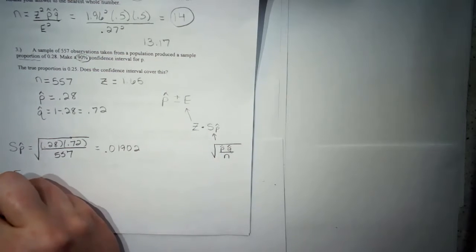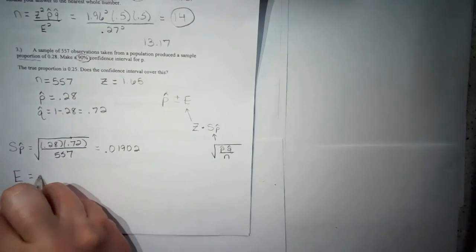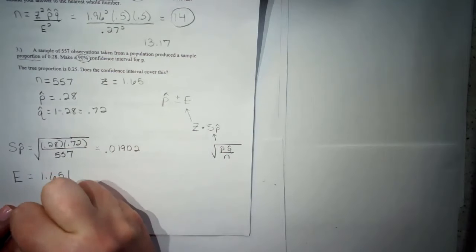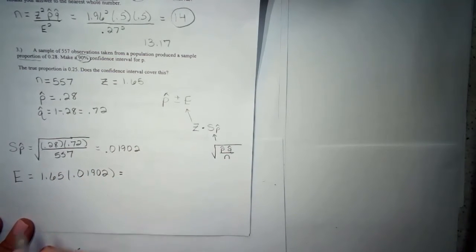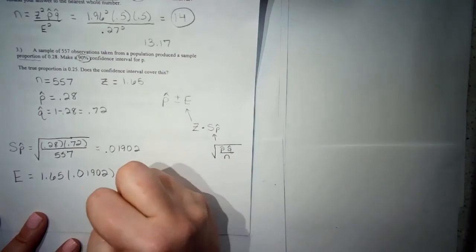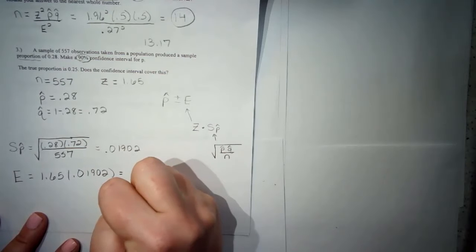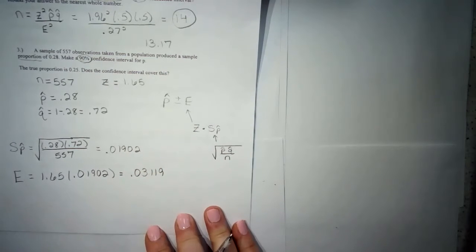Because now what you're going to do is find E, which is going to be z times S of p hat. So you don't even have to round S of p hat if you don't want to. Once you find it, you can just multiply it by 1.65. I came up with 0.03119.